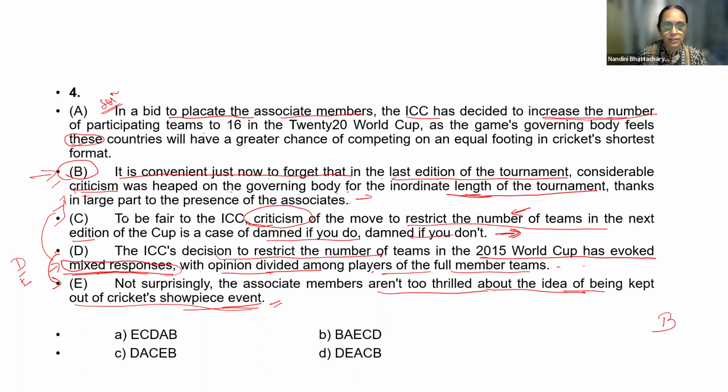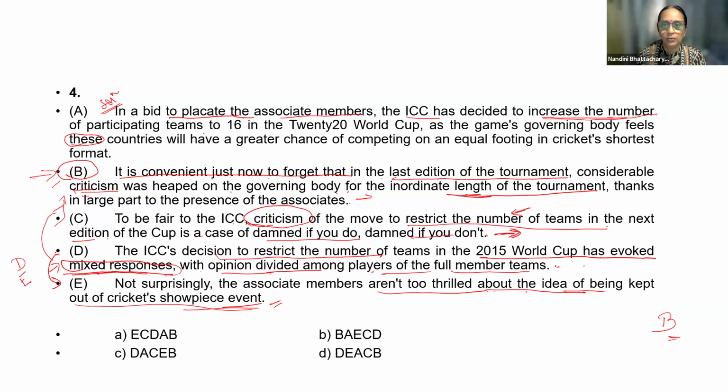Now if you look at C, we said B is out of the question, it comes at the end. To be fair to the ICC, criticism of the move to restrict the number of teams in the next edition is a case of damn if you do, damn if you don't. So where does C come? Members were not thrilled.